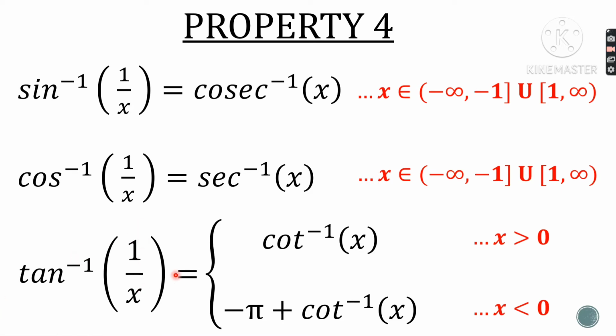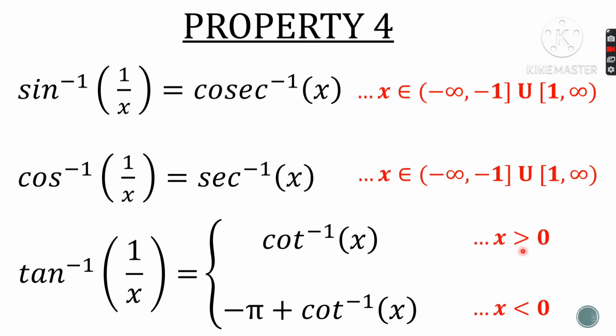Next, tan inverse of 1 by x is equal to, here there are two possibilities, two cases. Case 1, when x is greater than 0, tan inverse of 1 by x is cot inverse of x. Whereas when x is less than 0, then tan inverse of 1 by x is minus pi plus cot inverse of x. And why does this happen? Because of the range. Both sides you must have the same range.